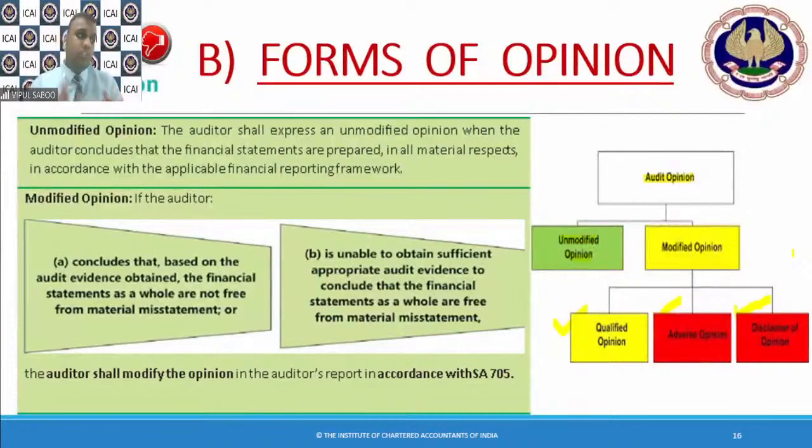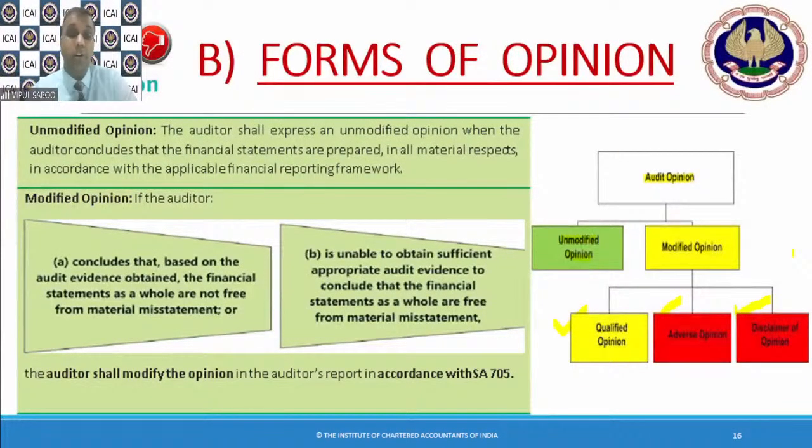You need to understand the concepts and meanings of these opinions very well today, because in the next session, you'll be doing audit report format, contents of the audit report, and how the audit report changes with every situation. When it is an unmodified opinion, how does the standard audit report include it?